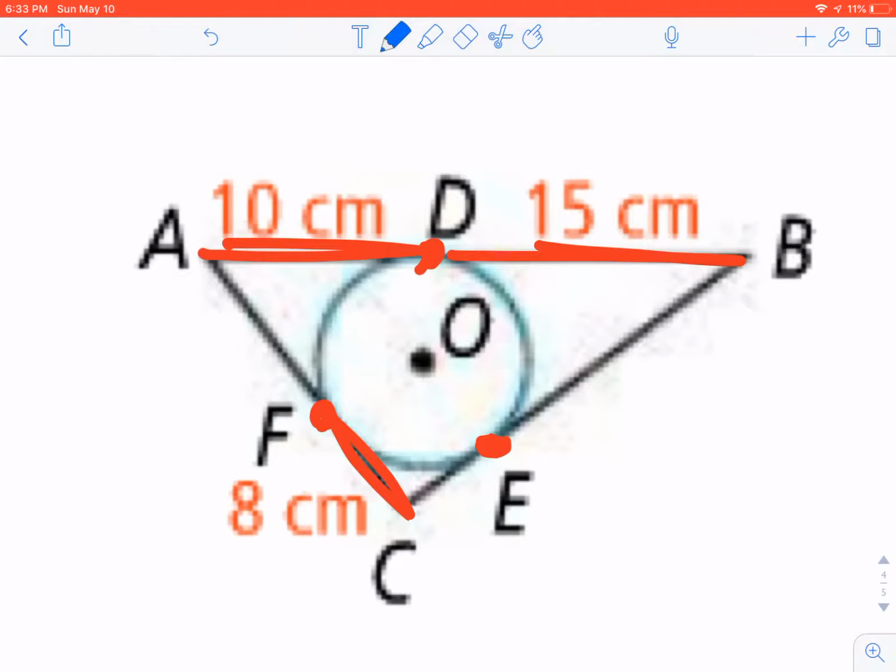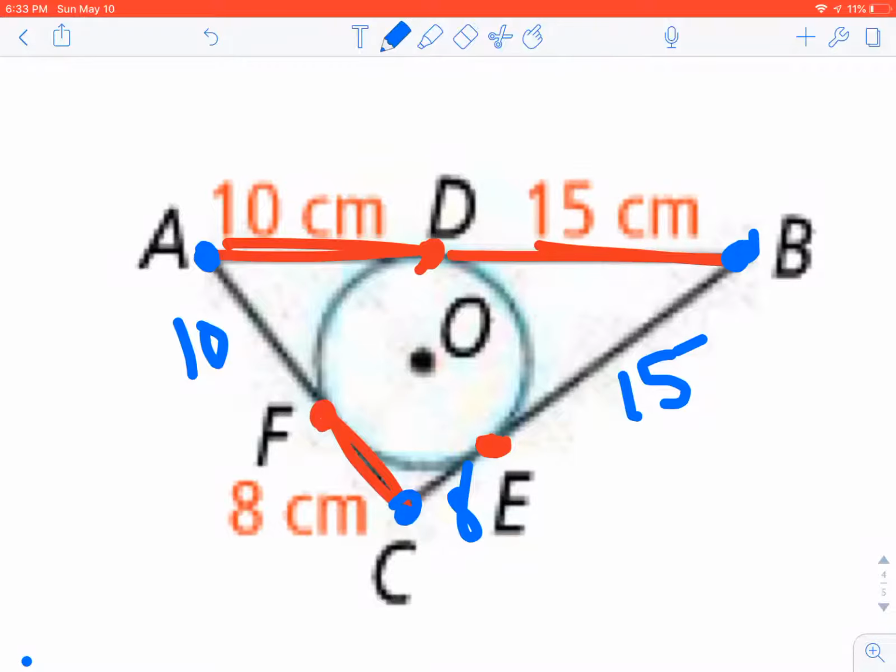Well, AD is 10, and AF also is tangent and shares common endpoint A, so this is also 10. FC is 8. CE is also tangent to the circle, and they share a common endpoint C. Therefore, CE is 8. DB is 15, and EB is also tangent to the same circle, sharing endpoint B. Therefore, this is also 15.